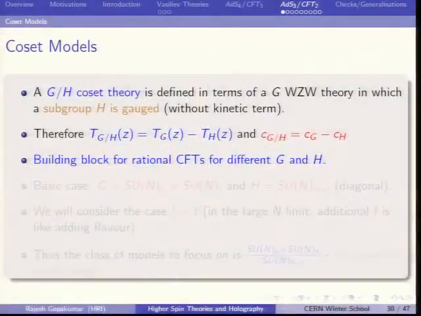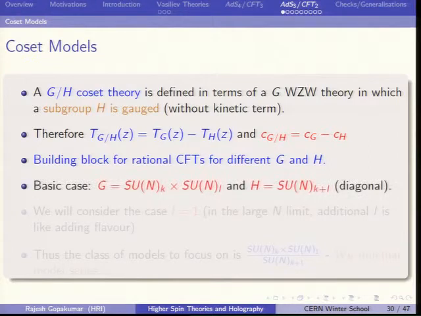In some ways, this is a very important class of theories because it was studied extensively in the 80s as a sort of building block for so-called rational conformal field theories by varying different G and H. So it's a very canonical set of theories. And we will be considering the case where G is SU(N) times SU(N) and H is SU(N), a diagonal SU(N).